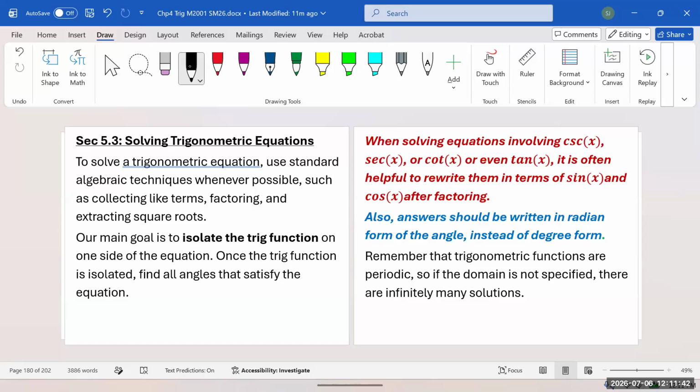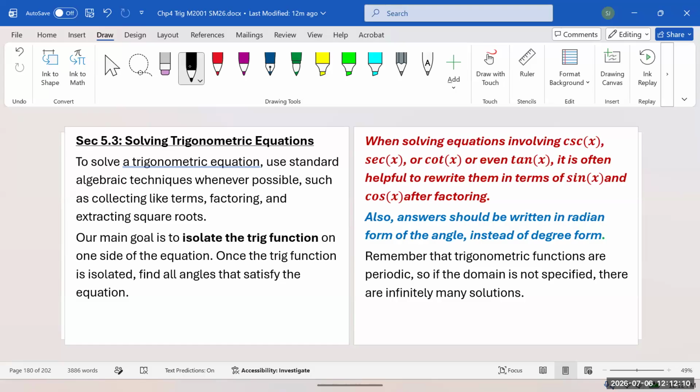The difference is that when you get to the last step, for example, sine of x equals 1, then you have to find out what is the x. So you're going to invoke the arc sine inverse. And that time we don't have to worry about the range of the inverse function, because we are not working with the range of the inverse function, we are working with solving the angle.